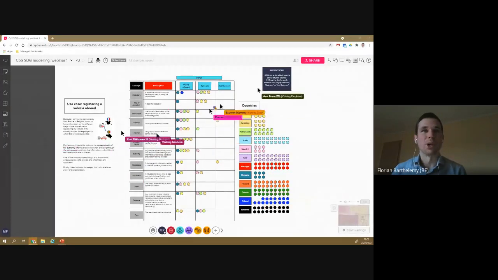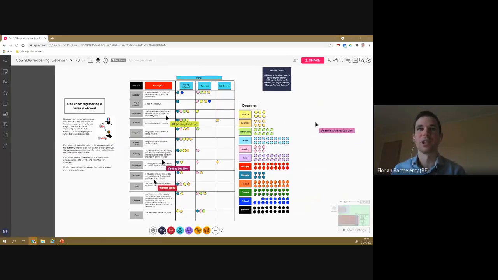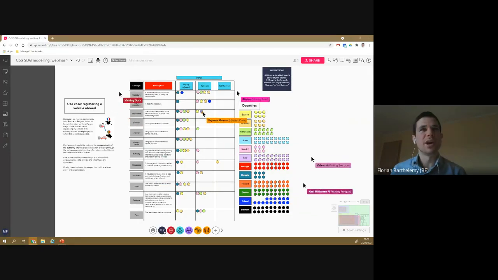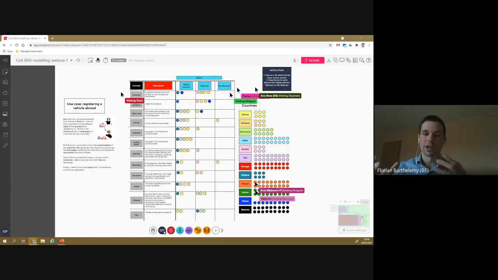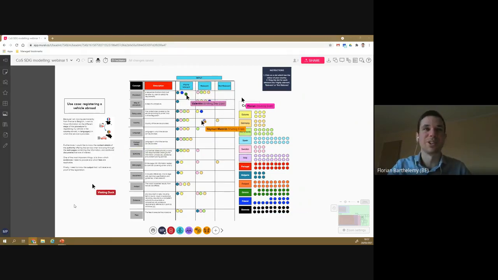For example, we have already inserted some dots for the countries that have provided us with inputs via email. Feel free, of course, to adapt it if we got it wrong. We'll give you a couple of minutes to do this, and then we'll go through each concept together to identify and start discussing if it should really be part of the initial data model or not.